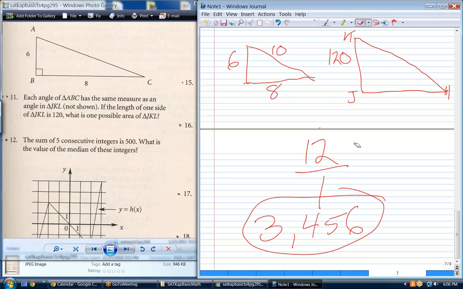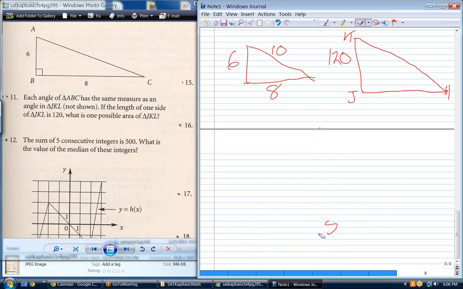Now what's the scale factor? 1 to 20. So what's the bottom side? Bottom side would be 160. And what's the area of this triangle? Sorry, I was talking about the side. The entire triangle would be 120 times 160, which is 19,200.